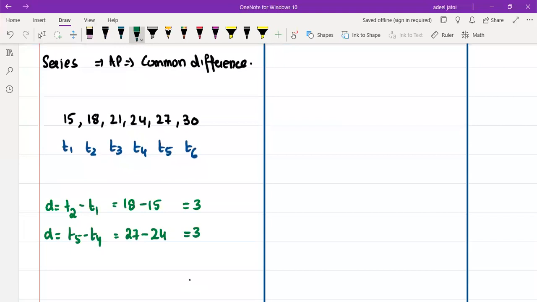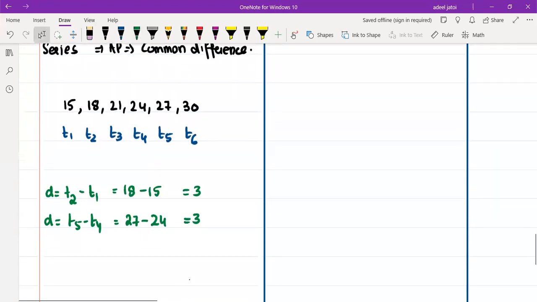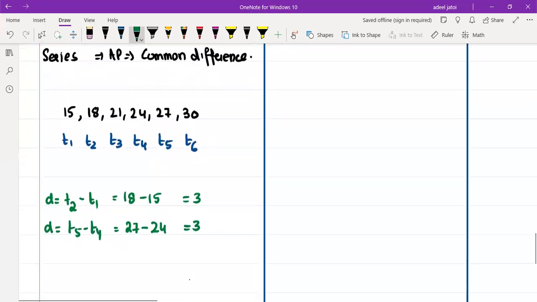So any two consecutive terms when subtracted will give me the common difference. Similarly, there can be a series with decreasing values. In that case, your D will be negative. But at the moment, what you need to understand is that there are 6 terms given. So you can directly write down the 7th term, and the 7th term will be 33.